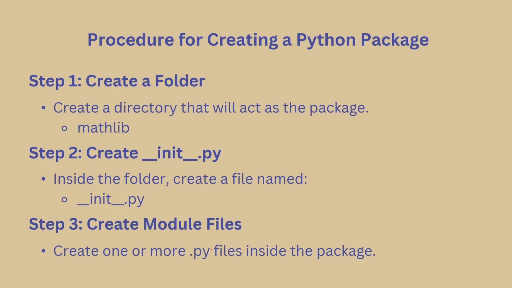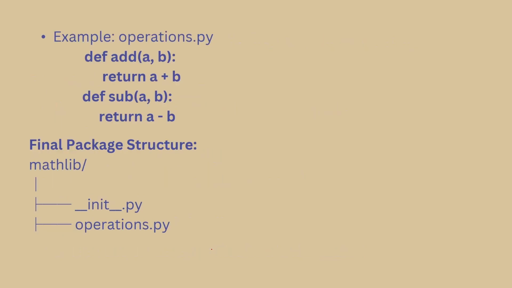Now, the procedure for creating a Python package. First of all, we create a folder, a directory that will act as a package. Let's say matlib. Then we create the __init__.py file inside the folder. Then we create module files: one or more .py files inside the package.